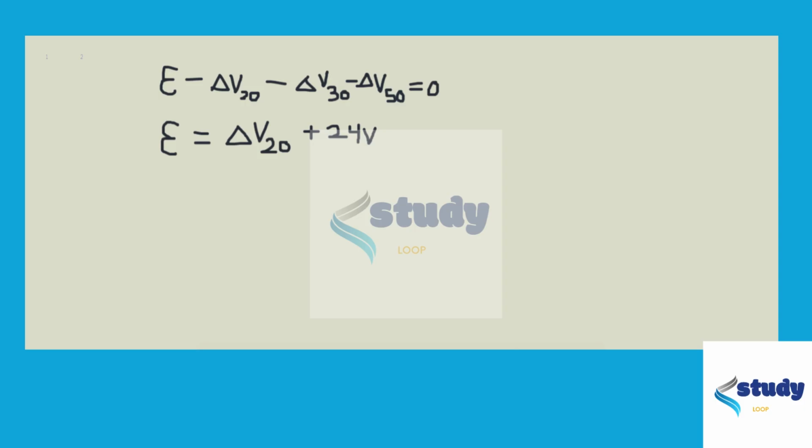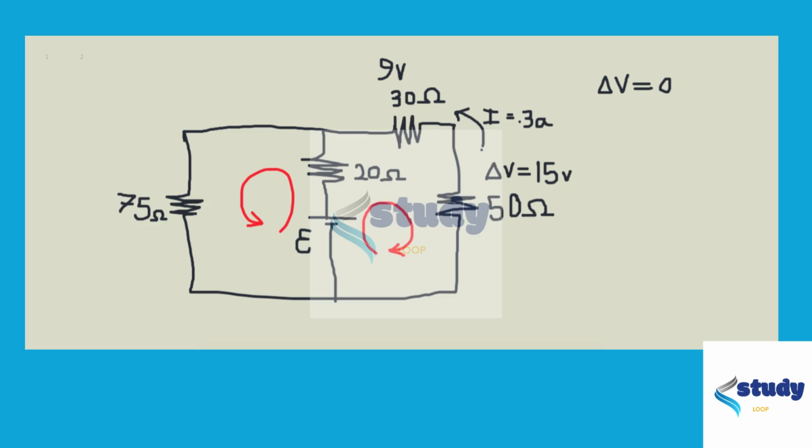Great. So now we have that. So now we just have to find this voltage drop across the 20 ohm resistor. And we're going to do that again with Ohm's law. So delta V is equal to IR. Great. But we need to know the current. So let's go back to our picture here.